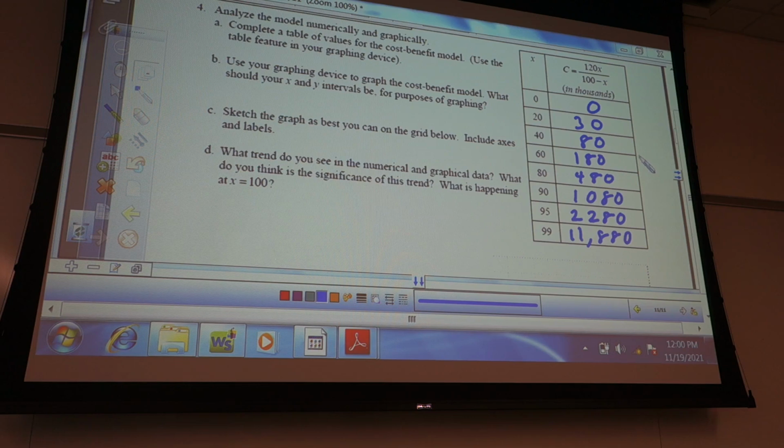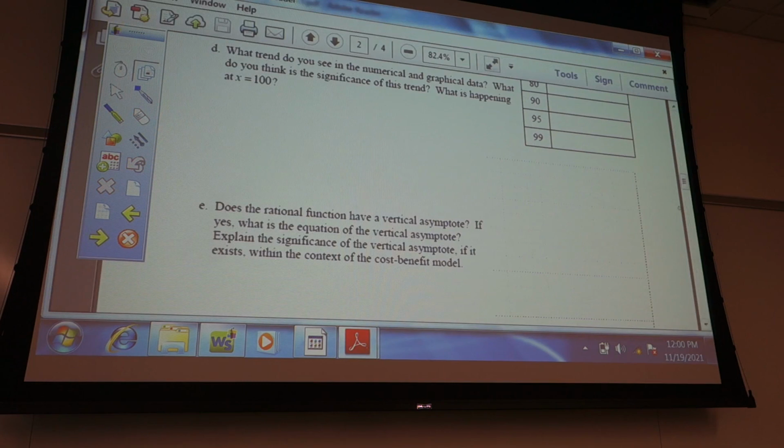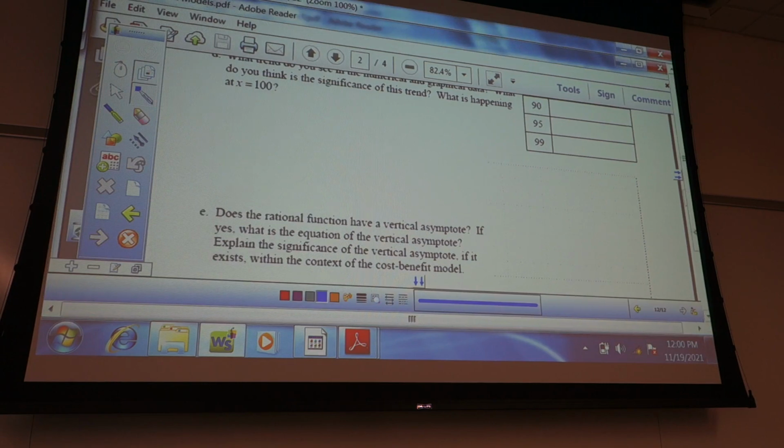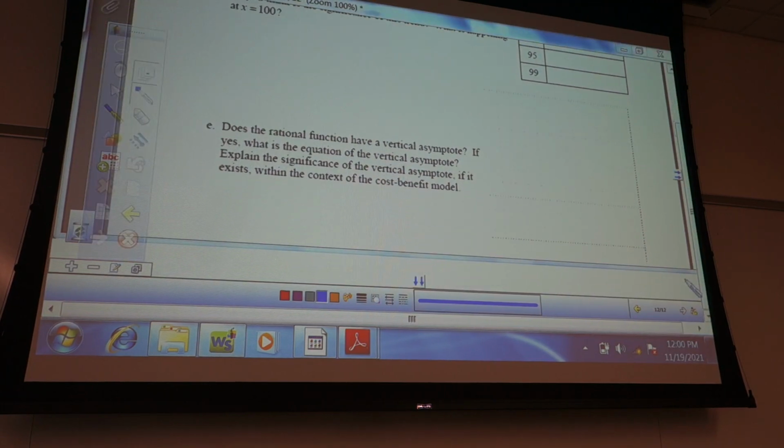Let's see, so my X needs to go from 0 to 99. My Y needs to go from 0 up to like 11,000. So let's see how we want to graph this. All my numbers are positive, so I can keep them all positive.